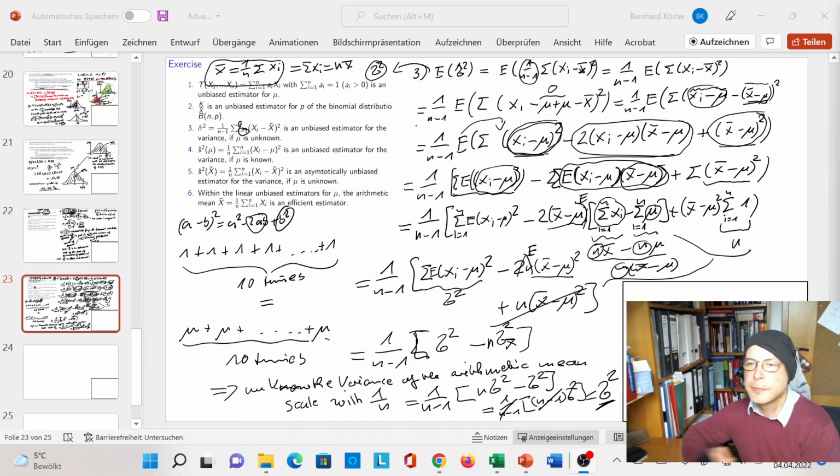Okay, this is, of course, a bit nasty calculation. But anyhow, I think for one time you really have to look this up and see how you get there, because otherwise you would not understand what you are really doing in statistics.